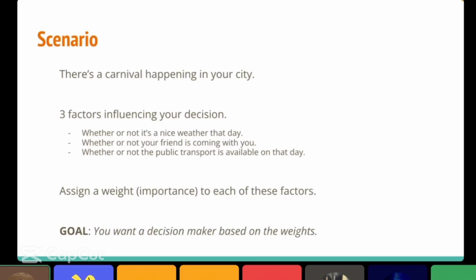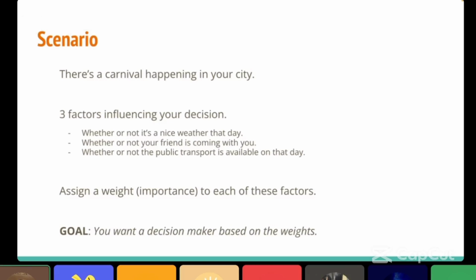The second one is not that important to you, whether or not your friend is coming, maybe you give it a 2 or 3. The third one, public transport, is maybe important for you because this carnival is quite far away, so it's tiring to walk. So let's put that as the second influencer here.